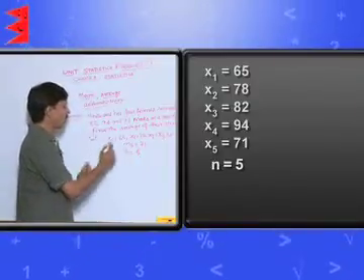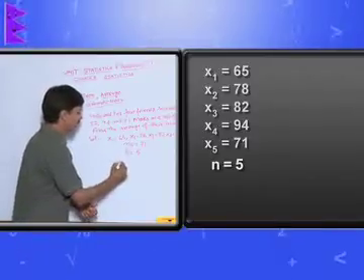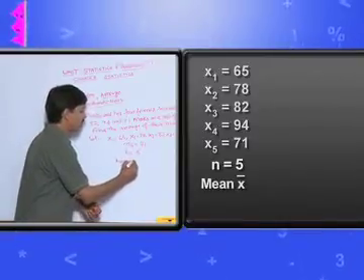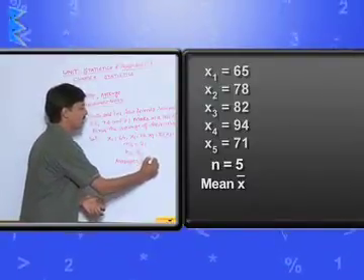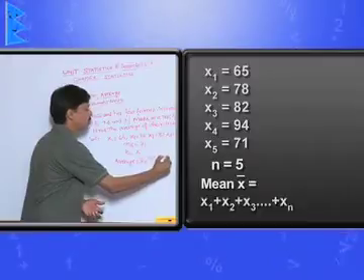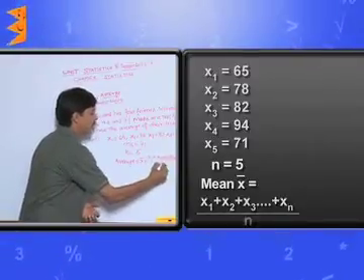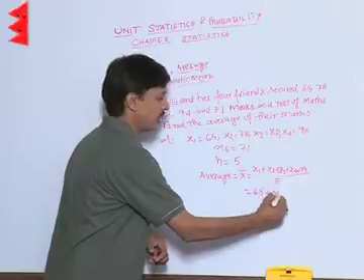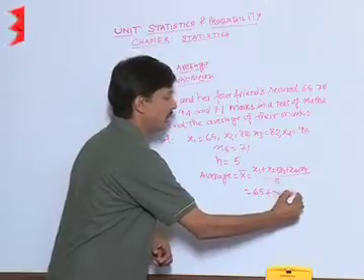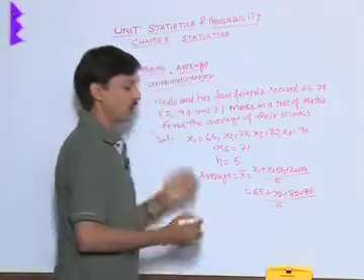So to calculate the average, we will apply the simplest way. We can say average or mean or arithmetic mean, or symbolically x bar, is equal to x1 plus x2 plus x3 plus x4 plus x5 upon 5. That is 65 plus 78 plus 82 plus 94 plus 71 upon 5.